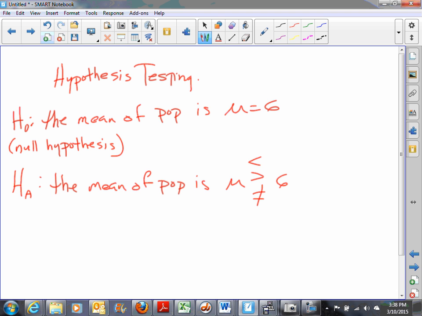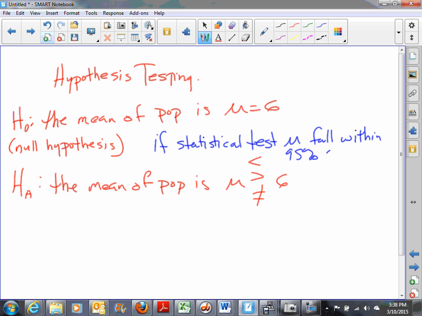And then if it does, what statisticians do is we say, if the statistical test has the mean fall within, say, a 95% confidence interval, then this is what we say.